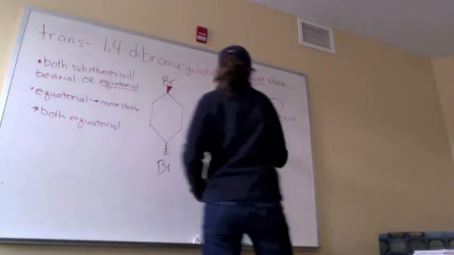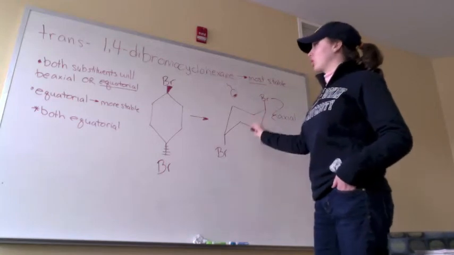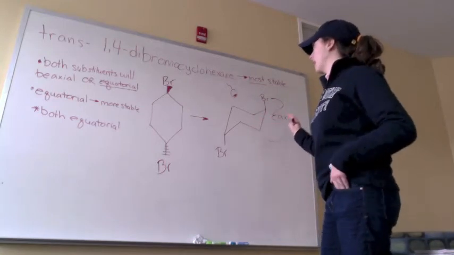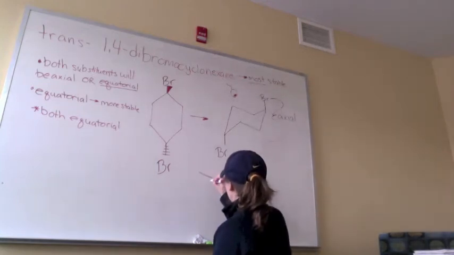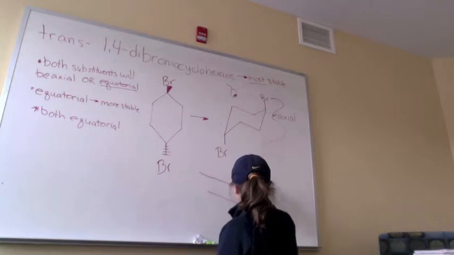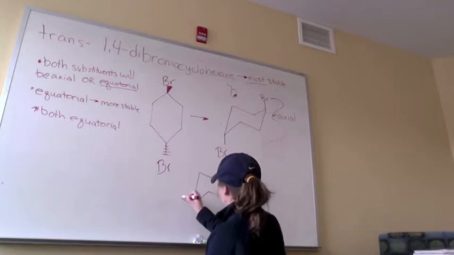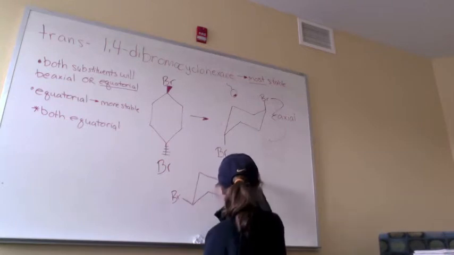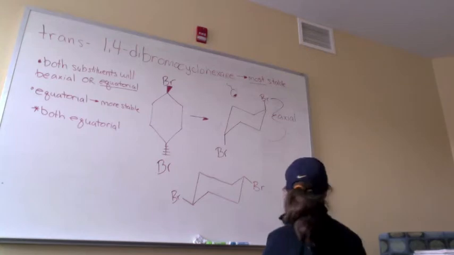Therefore, though this is an accurate representation of trans-1,4-dibromocyclohexane, the most stable version would actually still be the chair conformation, but where both bromides are in equatorial positions.